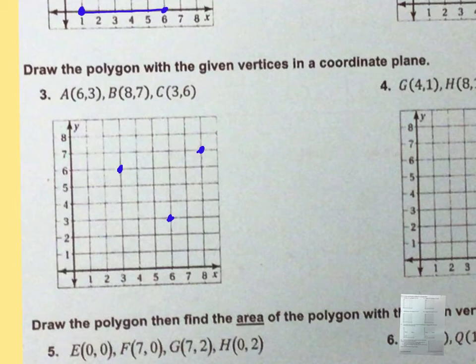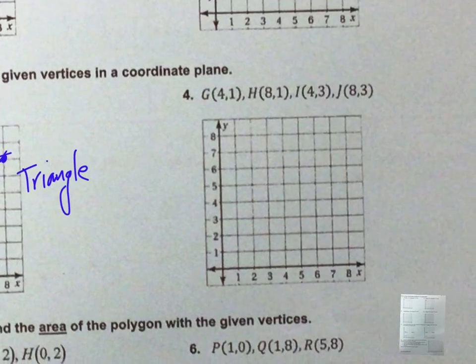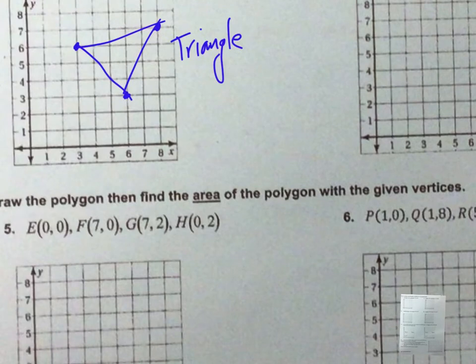Now we're going to combine all of these little dots. And what did we make? We made a triangle. If there are 3 points, you know it's going to make a triangle. So I want you to try number 4 and see what you come up with.